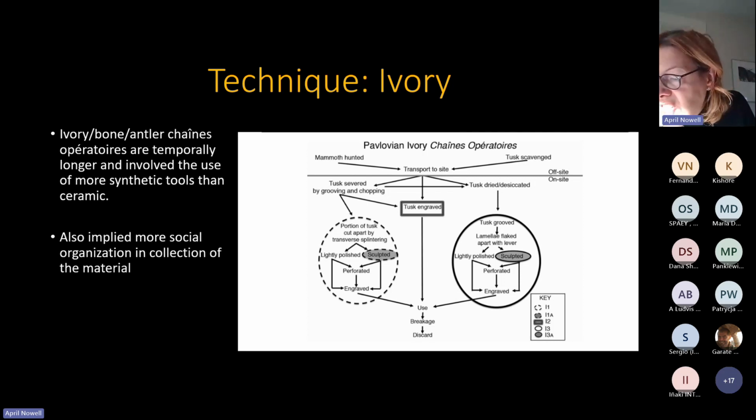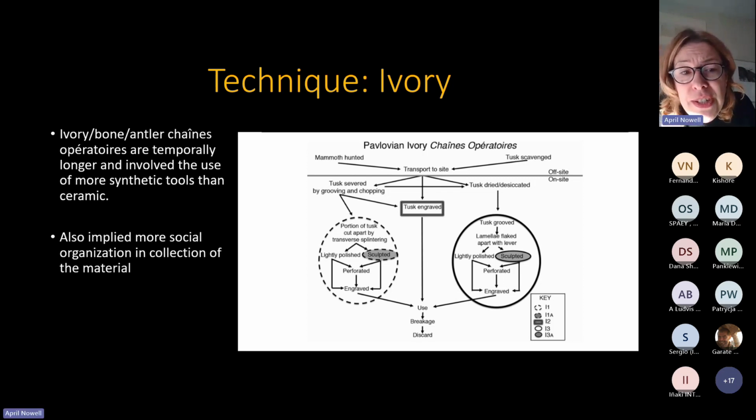You need cooperation among a group of people. And again, you need skillfulness, you need skills to be able to hunt that mammoth or even to scavenge the tusk. Scavenging requires a lot more skill than we sometimes think.